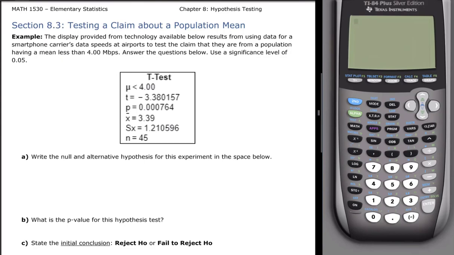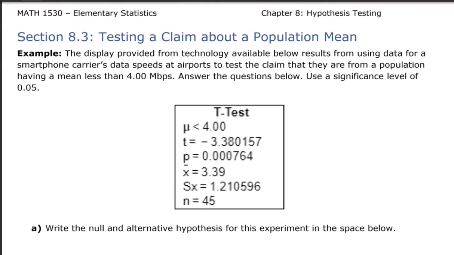The display provided from the technology available results from data using smartphone carriers' data speeds at airports. So I guess they're looking at the phone speed when you're sitting around at the airport to test a claim that they are from a population of a mean having less than 4 megabytes per second. Okay.